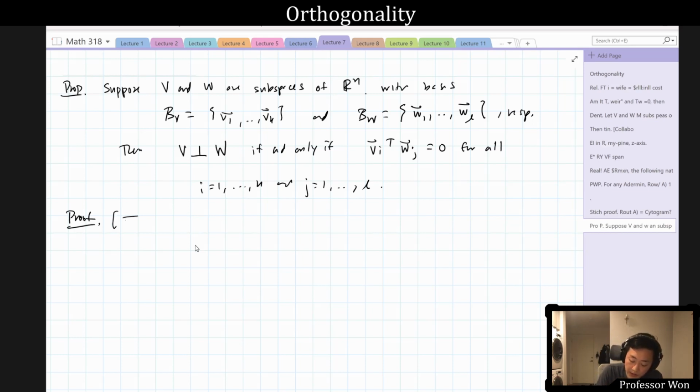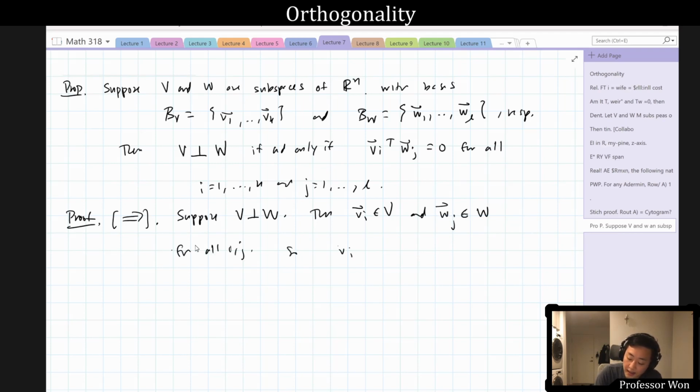Let's prove this direction. Suppose that V is orthogonal to W. Then that means that every vector in V is orthogonal to every vector in W. And the basis vectors of V are in V, and the basis vectors of W are in W, right? Then Vi is in V, and Wj is in W, for all i and j.